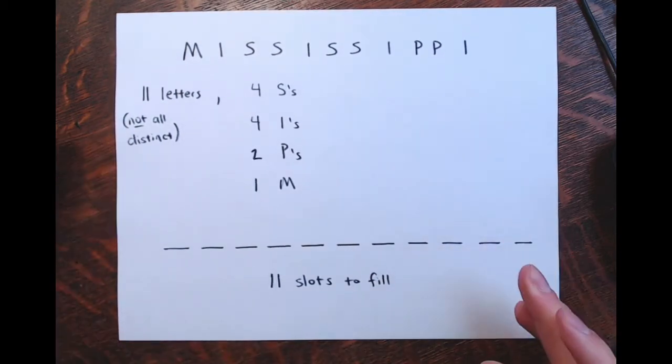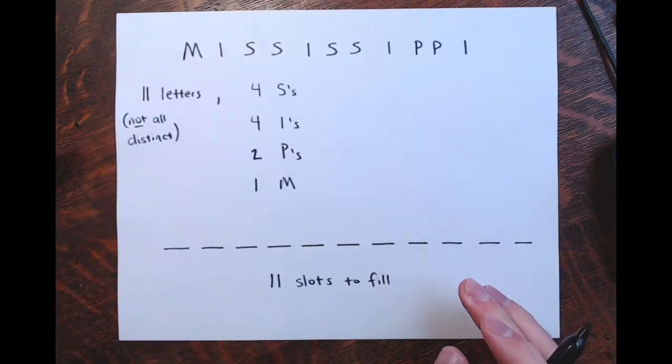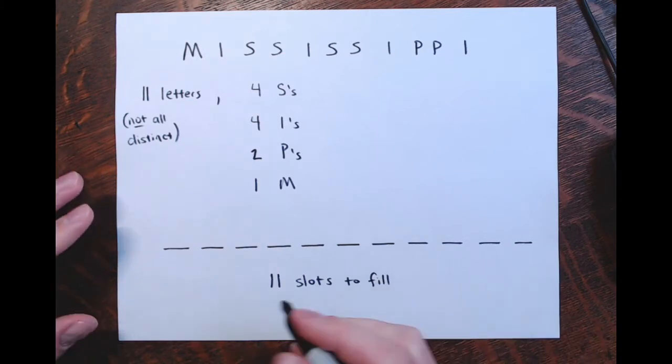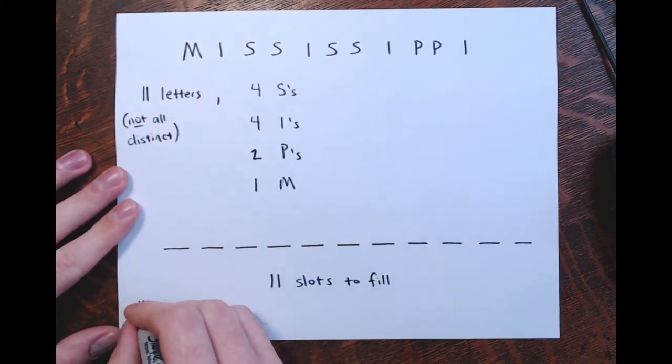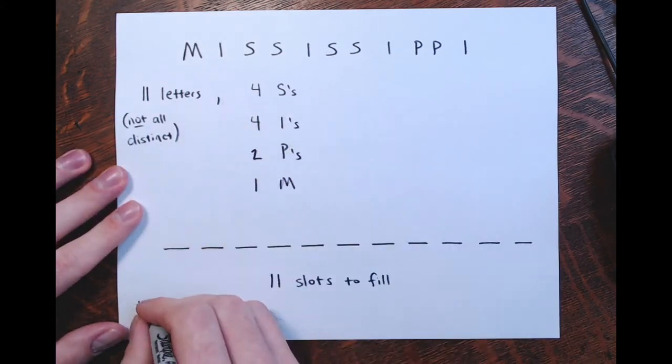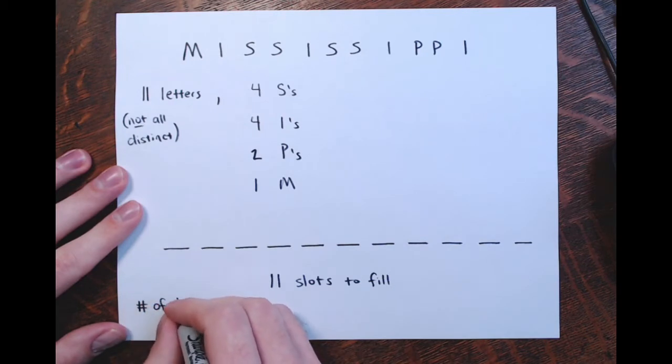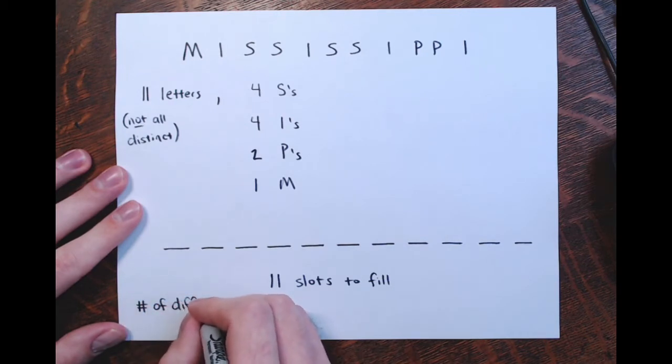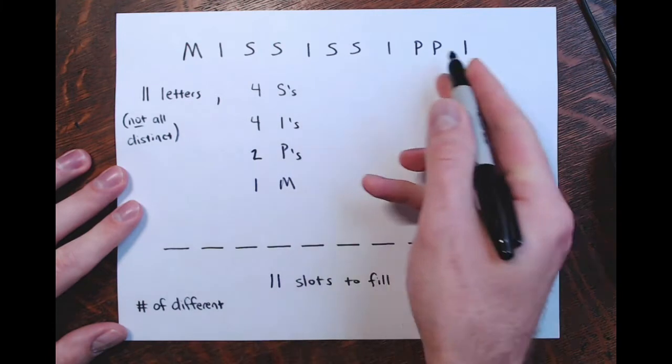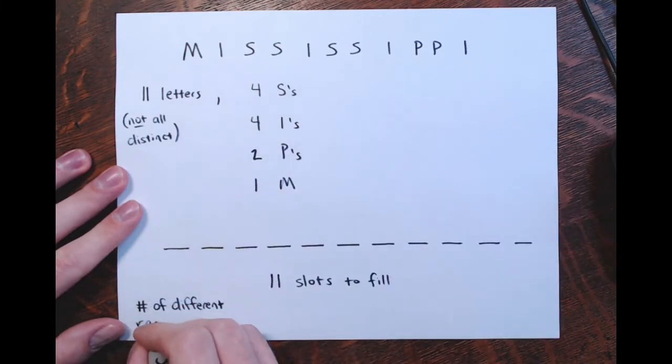And then I'm going to apply the generalized product rule. The number of different rearrangements, or the number of different permutations of these letters, are the following.